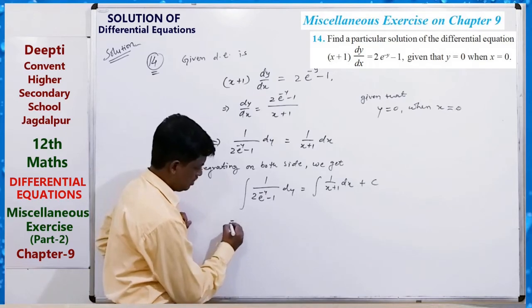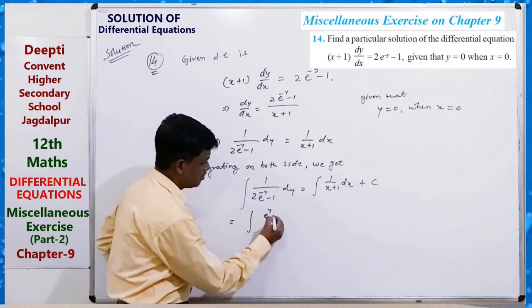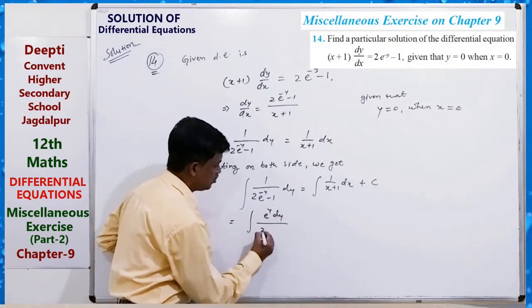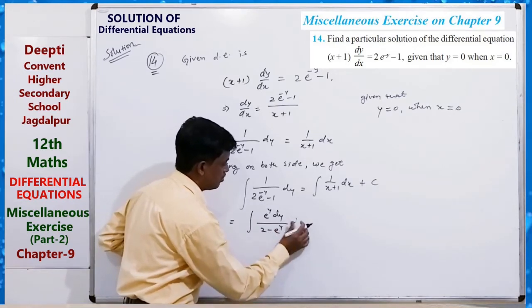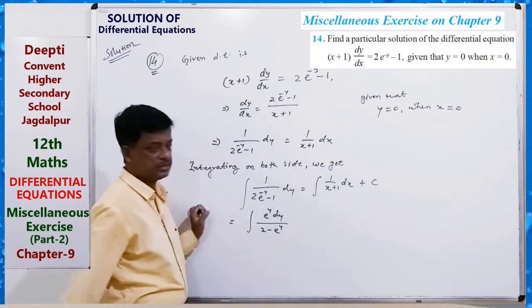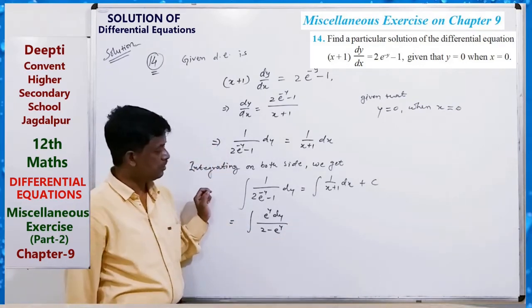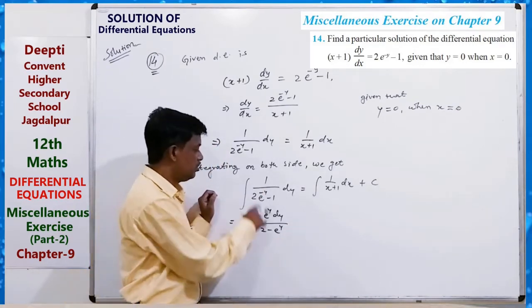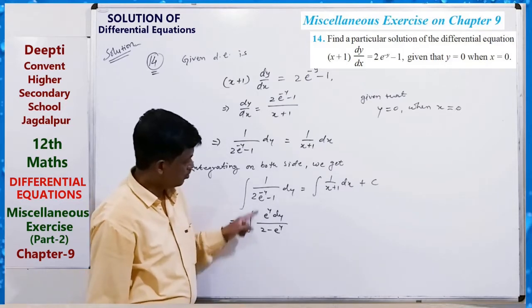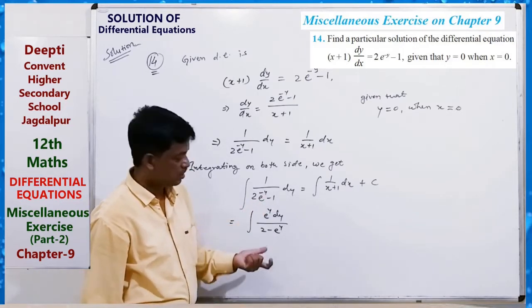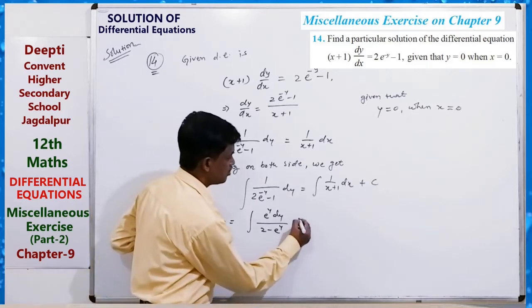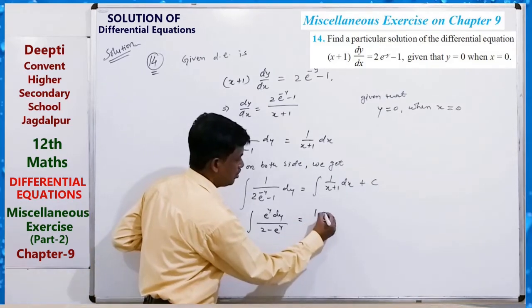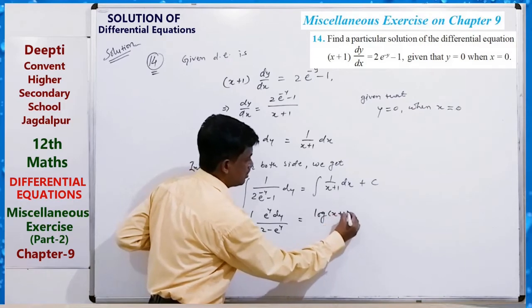That is, we can write e to the power y dy upon (2 e to the power y minus e to the power y), which equals log of (x plus 1).